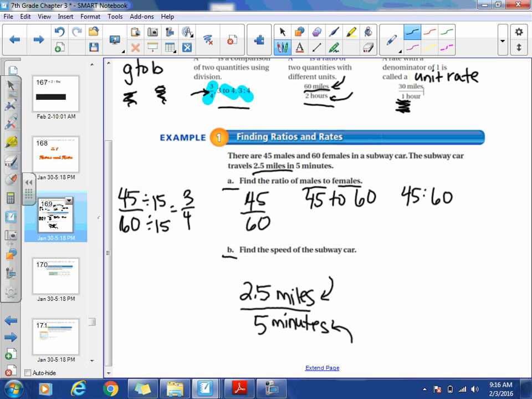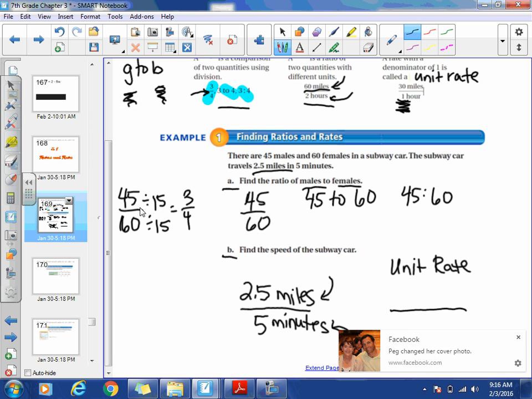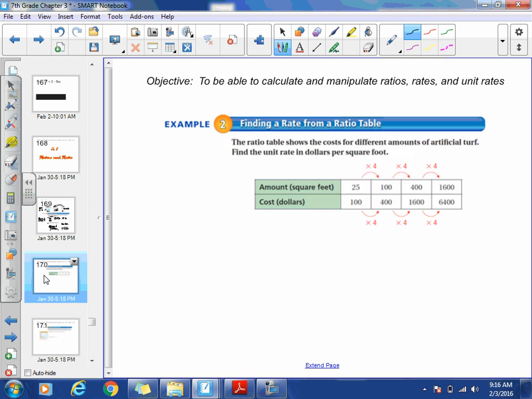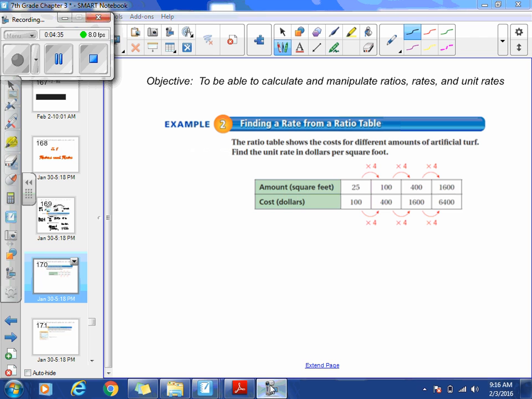So that would be called a rate. That is not a unit rate. If we wanted the unit rate, we want to find out how fast that subway car goes in not 5 minutes, but 1 minute. And we will come back to that part later. All right, moving on.